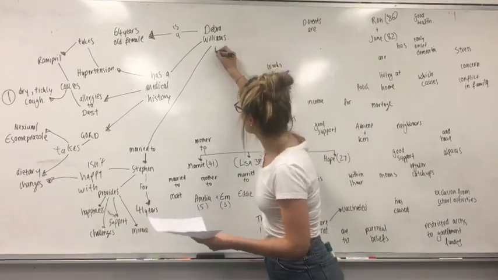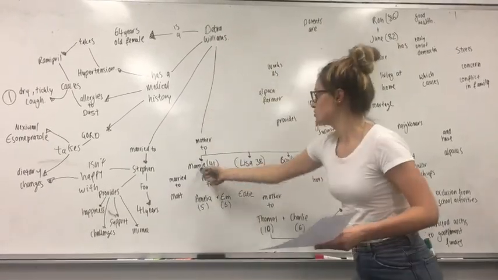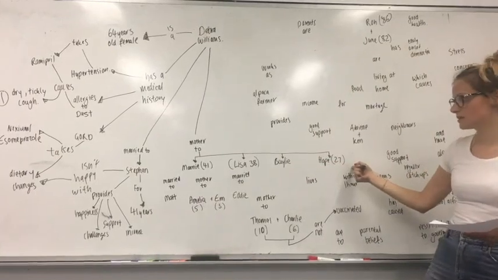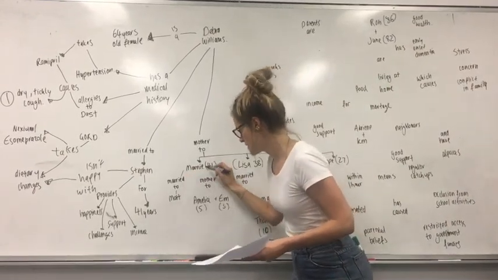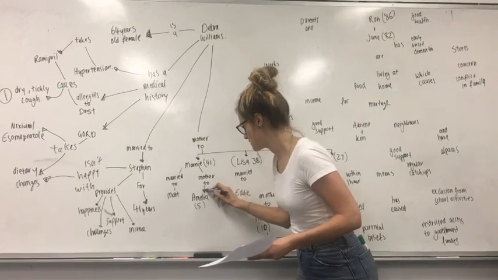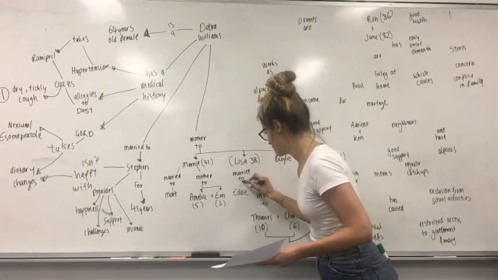Now, we also know that Deborah's a mother. She's got 4 daughters, and each of them are married and are mothers themselves, respectively.